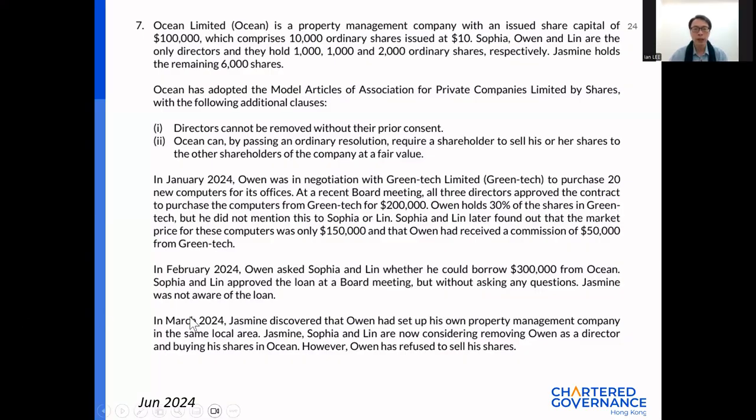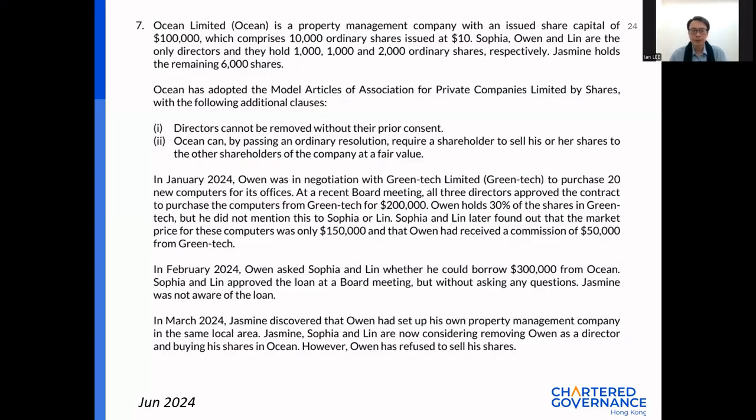Ocean has adopted the model articles with the following additional clauses. Directors cannot be removed without their prior consent, and Ocean Limited can, by passing an ordinary resolution, require a shareholder to sell his or her shares to the other shareholders of the company at a fair value.